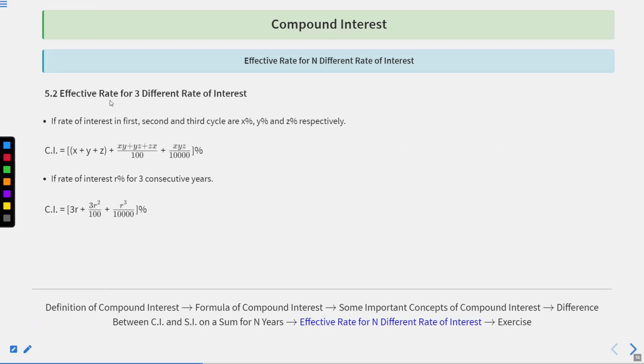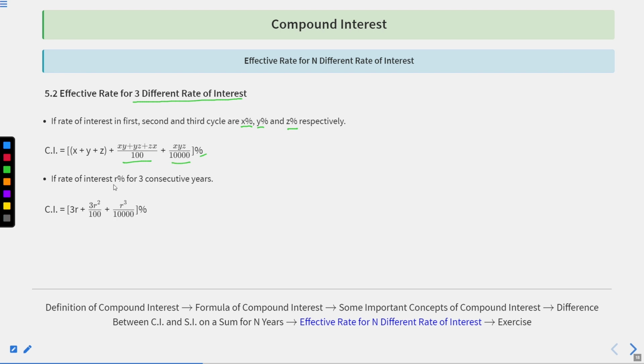In the effective rate for 3 different rates of interest, if the rates of interest in the first, second and third cycle are X%, Y% and Z% respectively, the compound interest will be X plus Y plus Z plus (XY plus YZ plus ZX) upon 100 plus XYZ upon 10,000%.